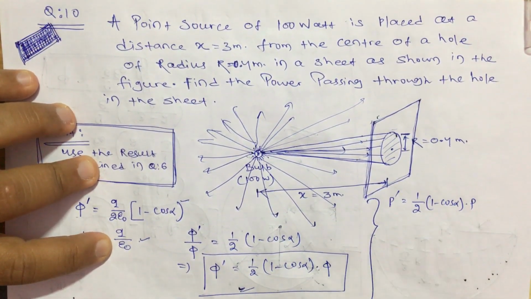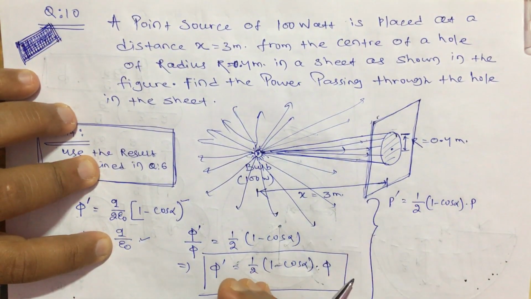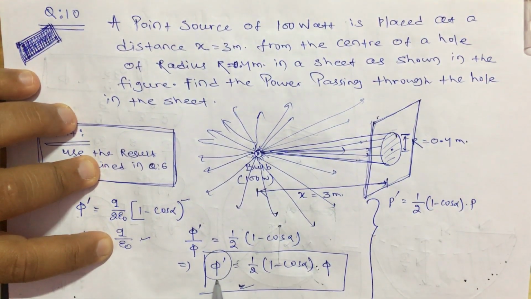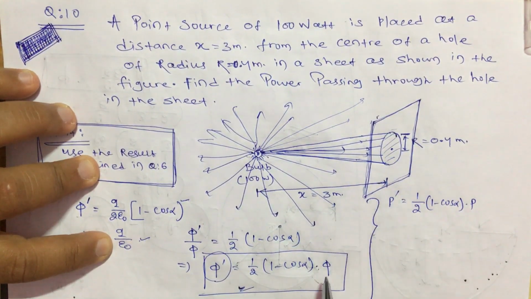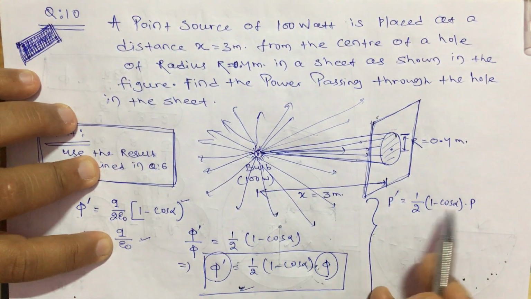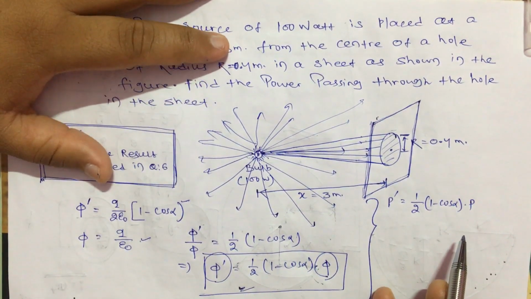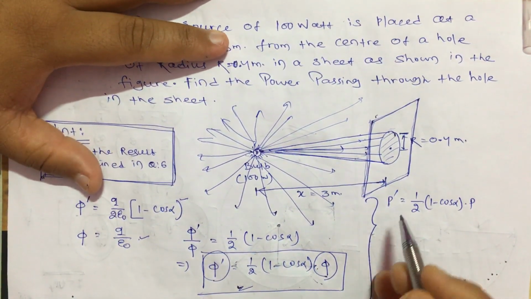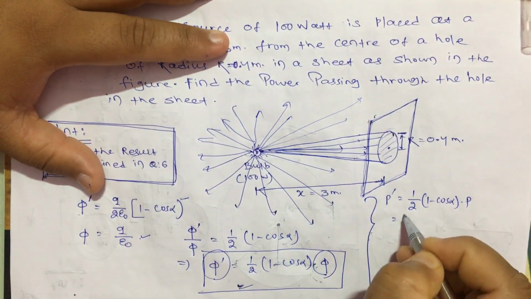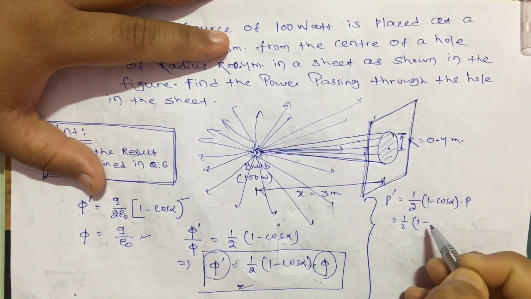Now you can see how I have compared these two formulas. Here phi dash was the flux through this area and phi was the total flux. Here also I have written a similar thing, but in place of electric flux I have written power. Now just put the formula 1 by 2 into 1 minus cos alpha.